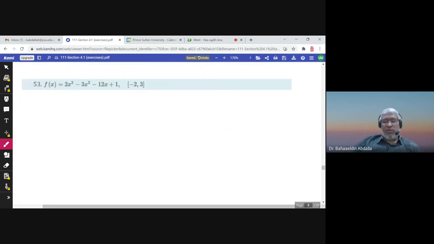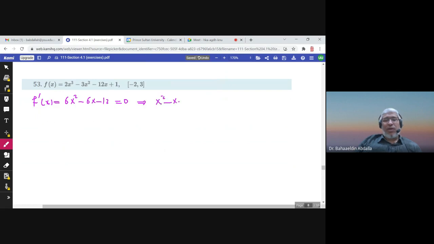Another similar question. Let us find the critical numbers. f prime is 6x squared minus 6x minus 12. It always exists. So let us find the values that make f prime 0. Divide by 6.